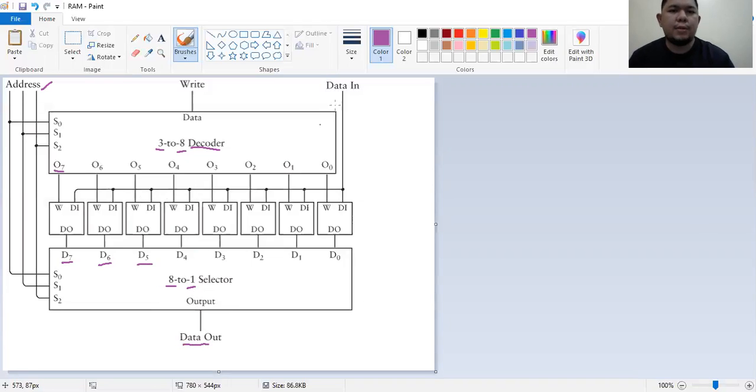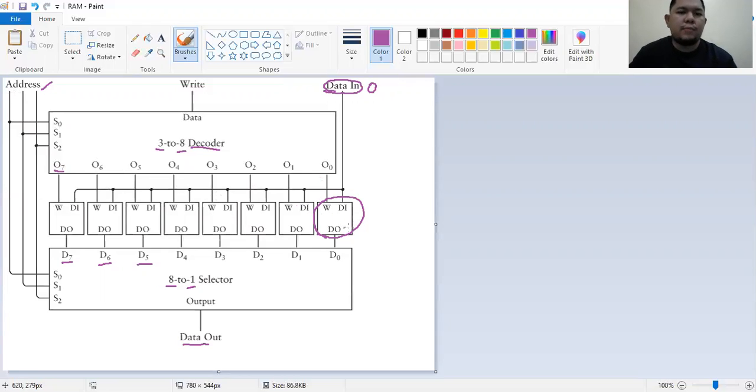Okay, so what happens here is we have a single data in connection for all 8 latches. All right, so essentially we'll be saving from this data in. So let's say we have a data in of 0, and we want to specifically store it in this specific latch. What happens is we need to know the address of this specific latch.